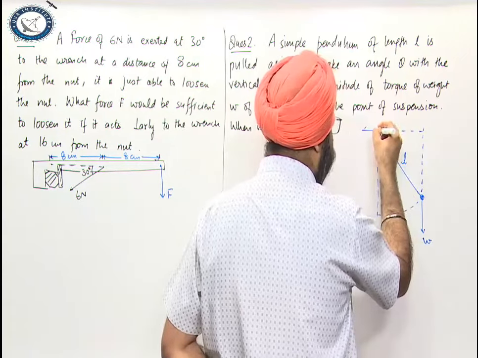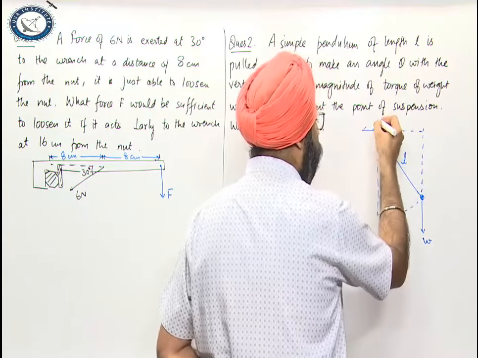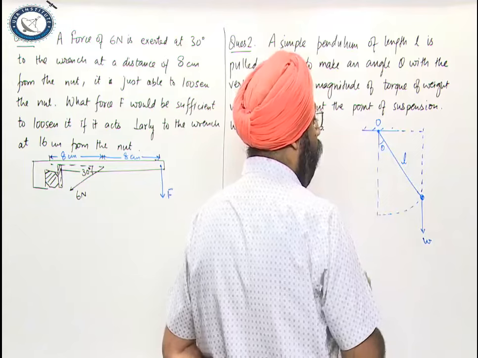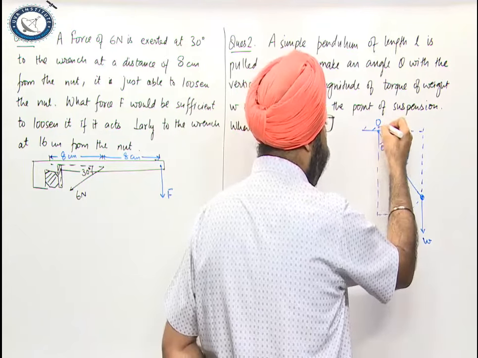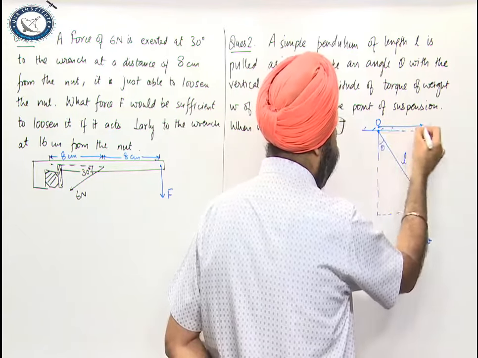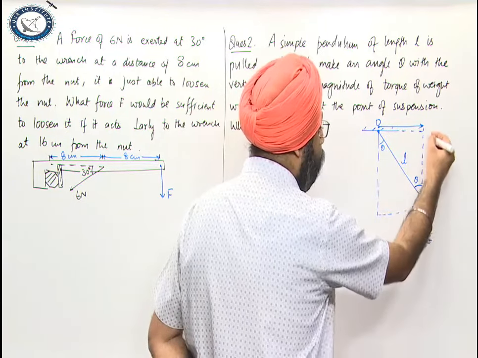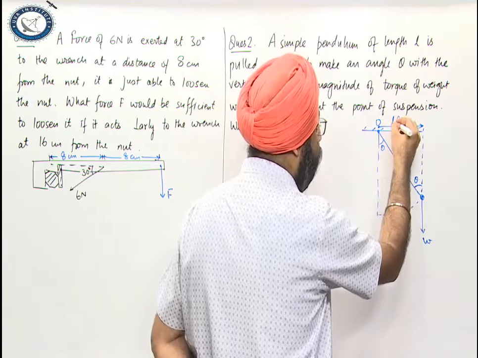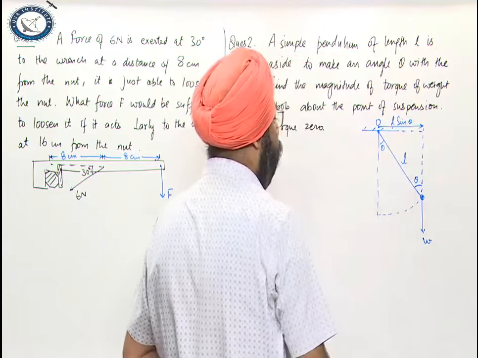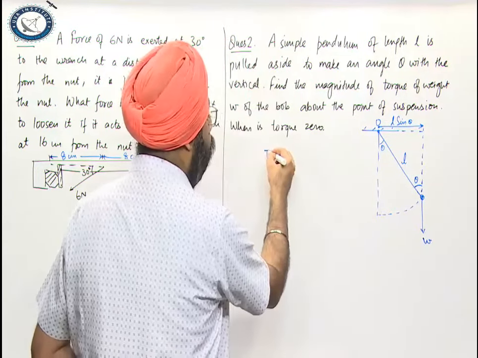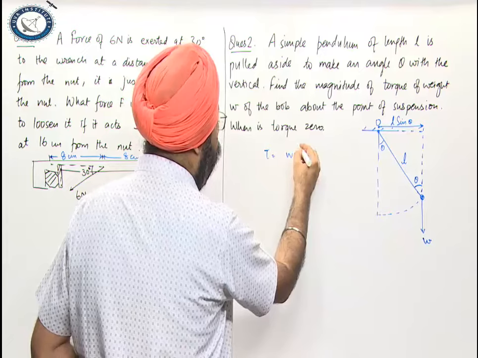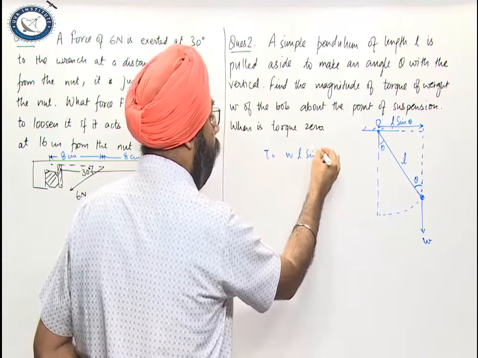This is my origin, the point of suspension, and from the point of suspension this is my perpendicular distance from the line of the weight. This angle is theta. This is L cos theta, this is L sin theta. So torque is weight into L sin theta.